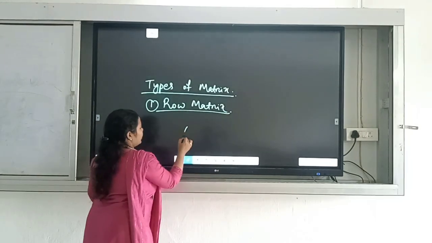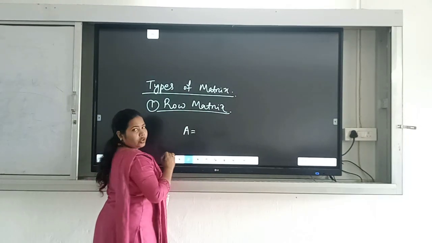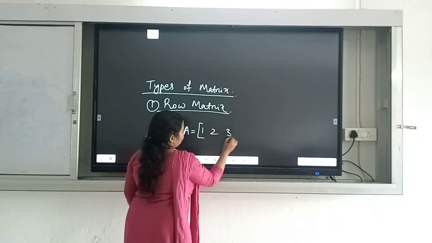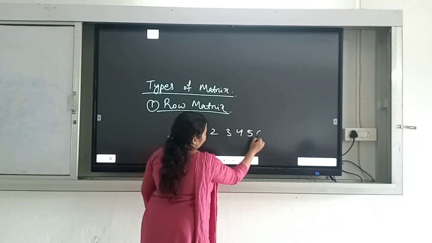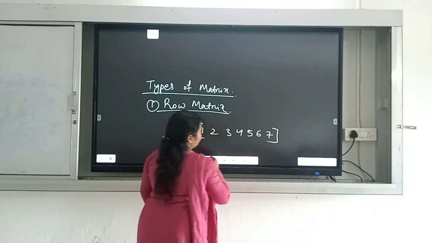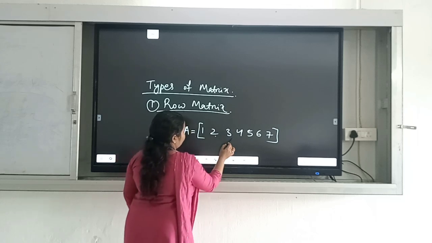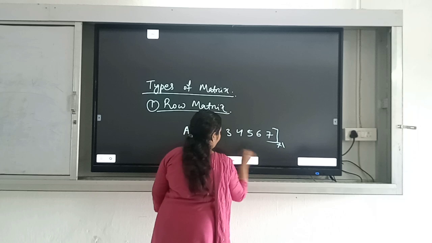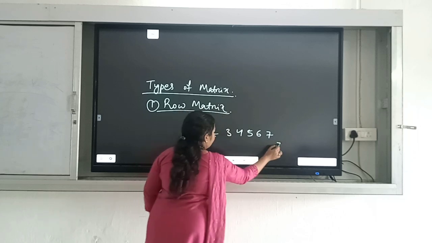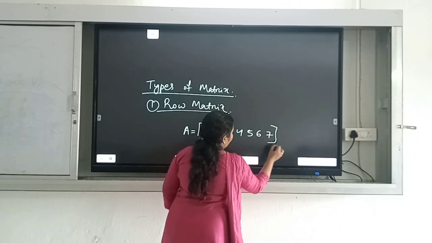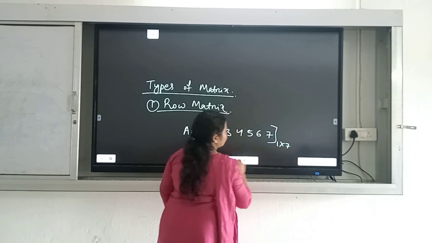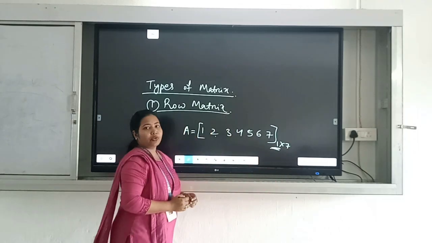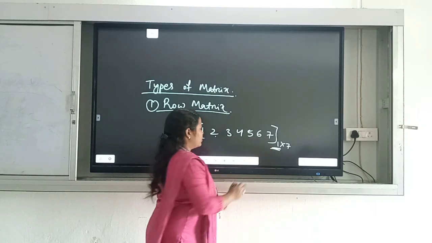A row matrix has only one row. That is 1, 2, 3, 4, 7, 7. Its order is 1 times 7. Here the number of rows is always 1.